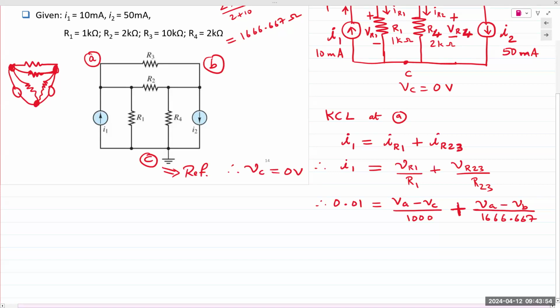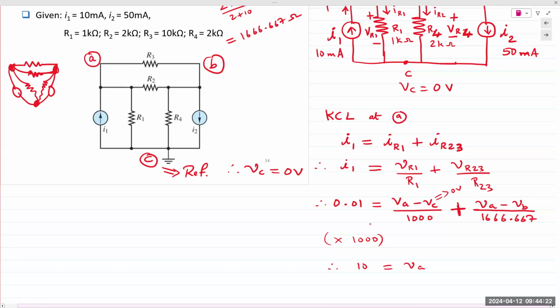Okay. So when I reduce this, what I'm going to do is I will multiply everything by 1000. So that gives me 10 is equal to VA. Remember, VC is my reference node, is 0 volts.